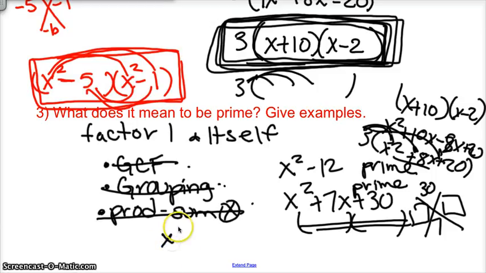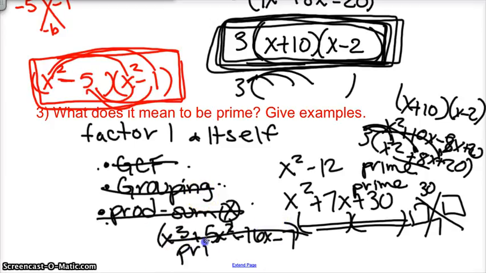Even look at a problem with an x to the third, and I am making these up. They're not anywhere in your notes, you just write them down as examples. Can't do GCF. Product sum circle doesn't work because it has 4 terms. Okay, so I'm going to group it, and when you go to group it, find out that it can't be grouped. It means that it's prime. Prime is reserved for when you can't factor because there's only a factor of 1 and itself.